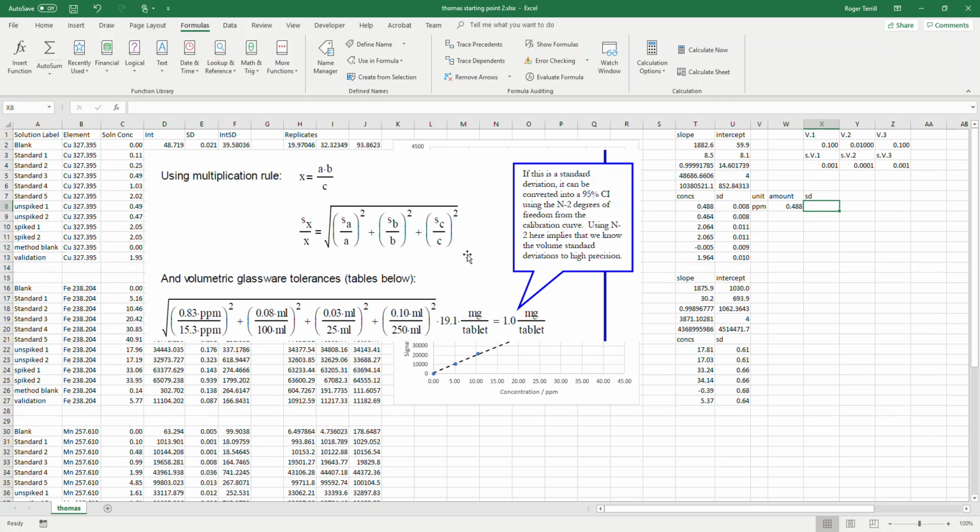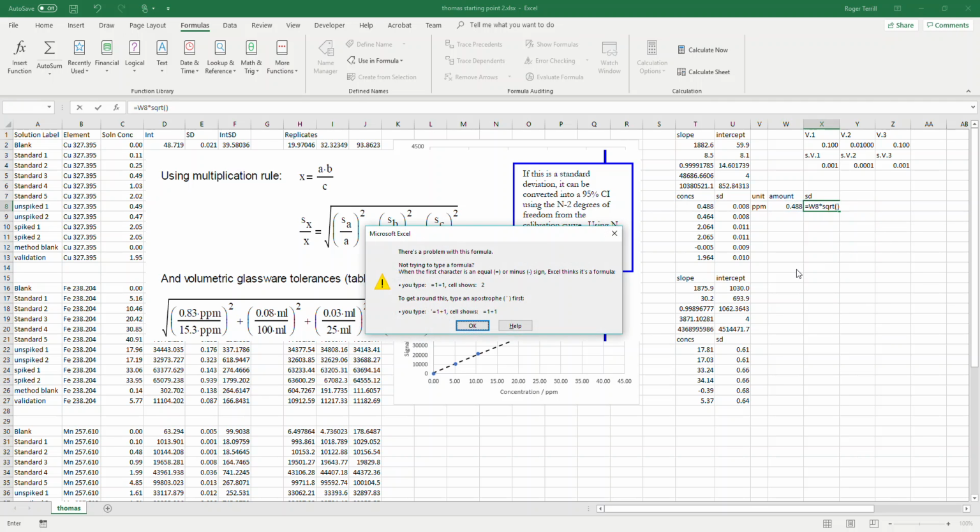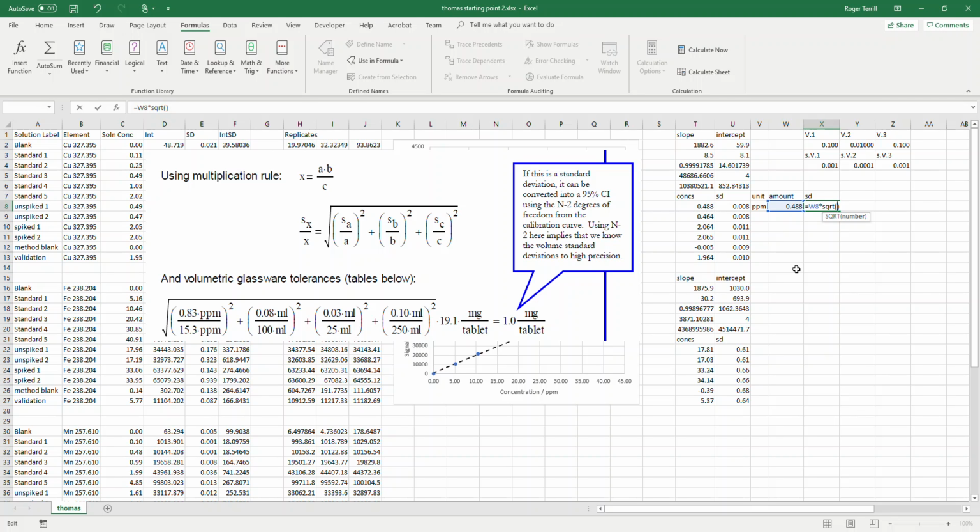And so we want to express this formula times x, right? So what we're going to do in this formula is we're going to say equals the concentration, I'm sorry, the ppm value times the square root of one quotient squared plus another squared plus another squared, right?